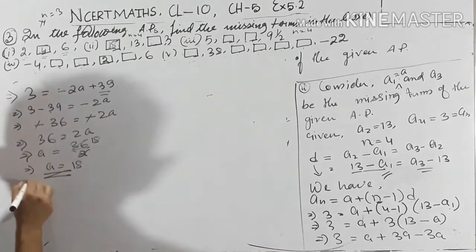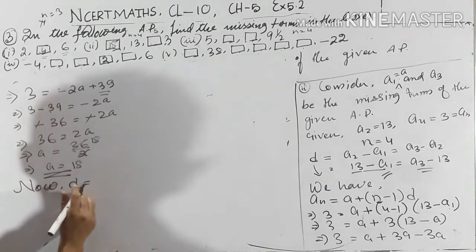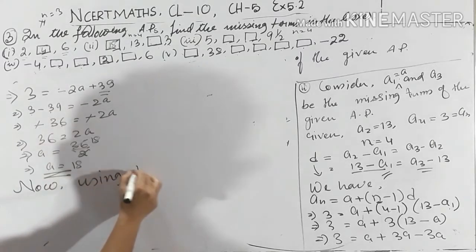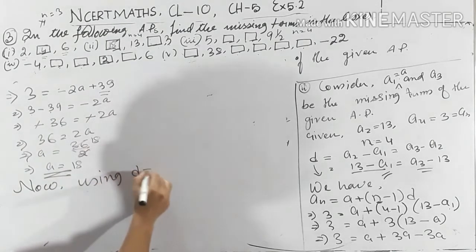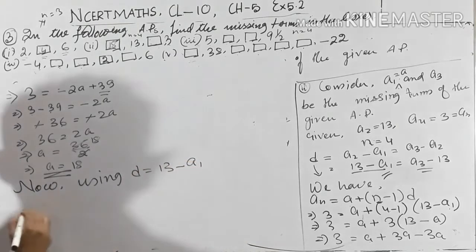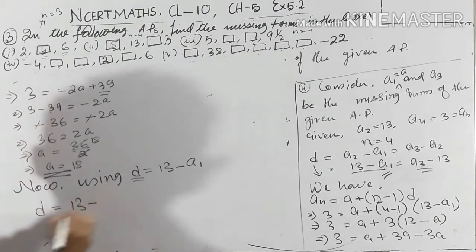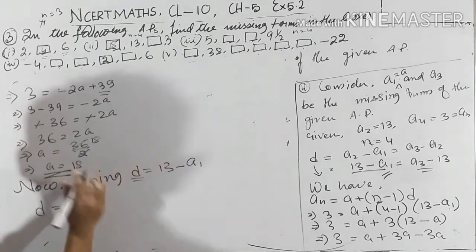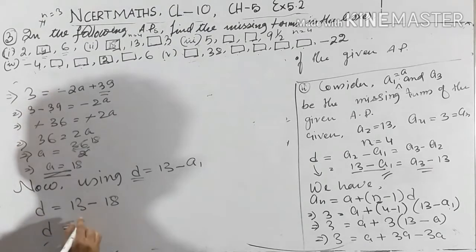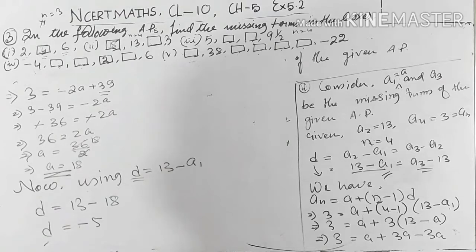Using D equals 13 minus A1, D equals 13 minus 18. The common difference will be minus 5.